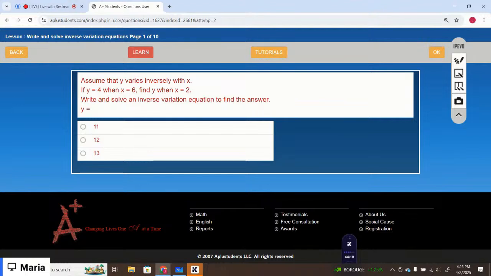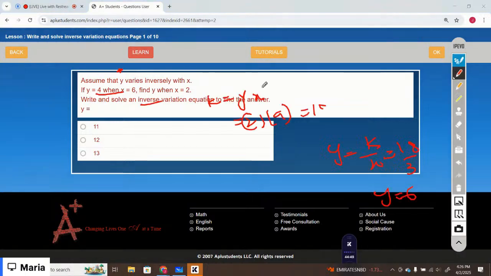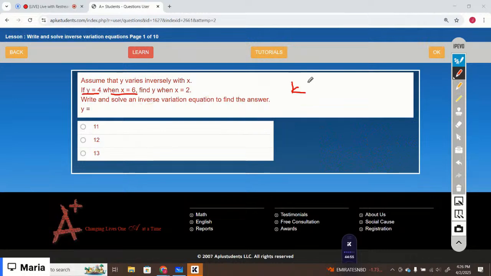So if y equals 4 when x equals 6, find y when x equals 2. Let's just calculate the k first. K equals y times x. So we are given y equals 4, x equals 6.